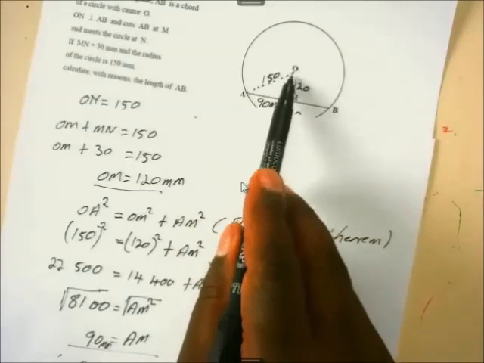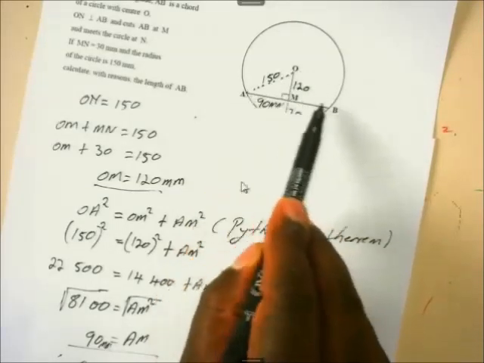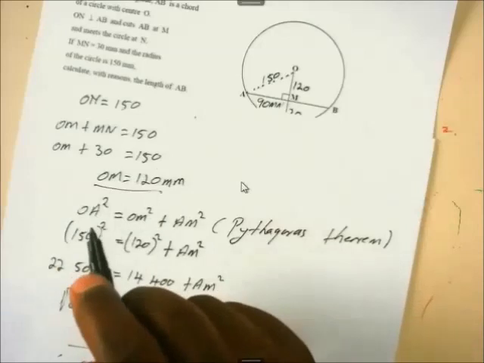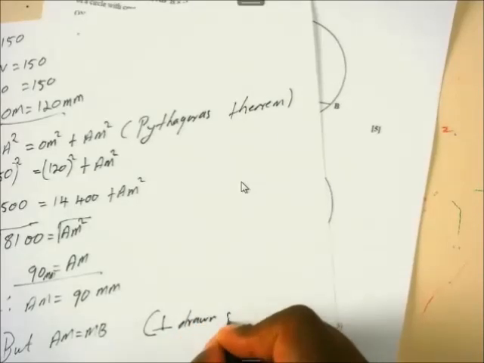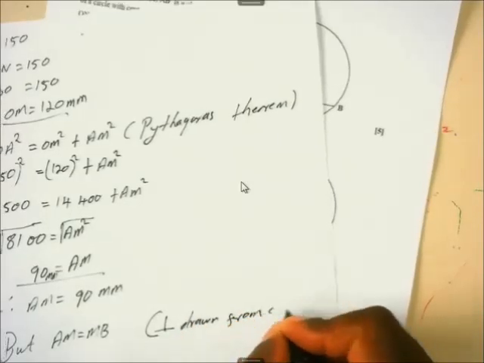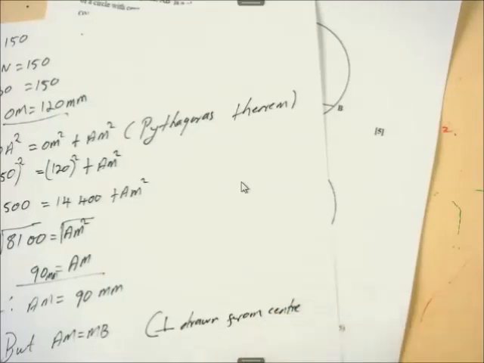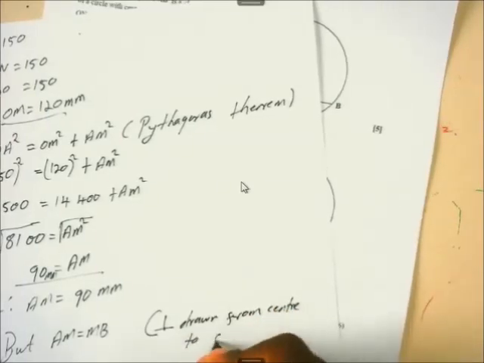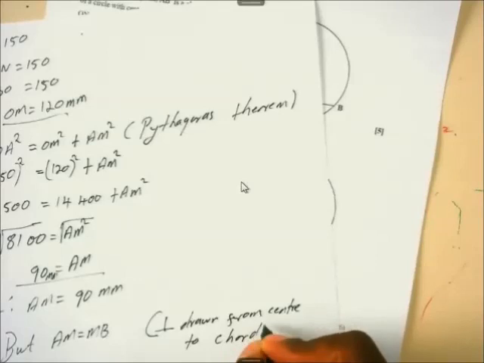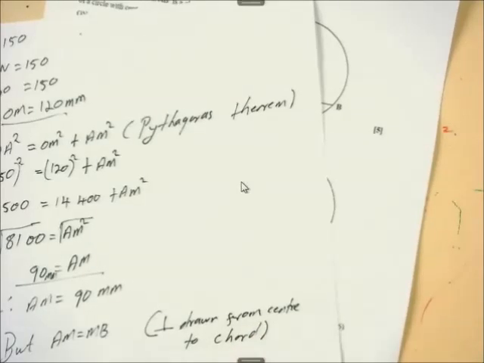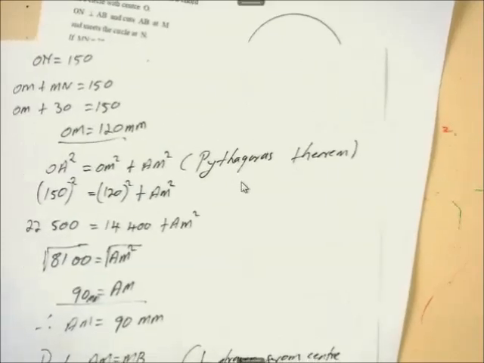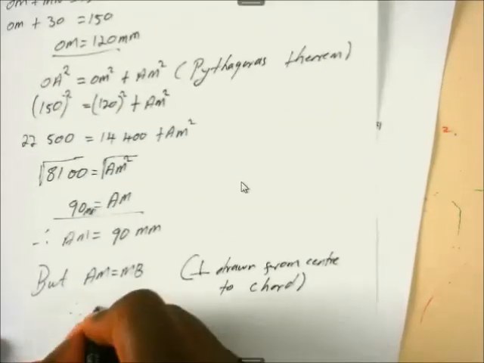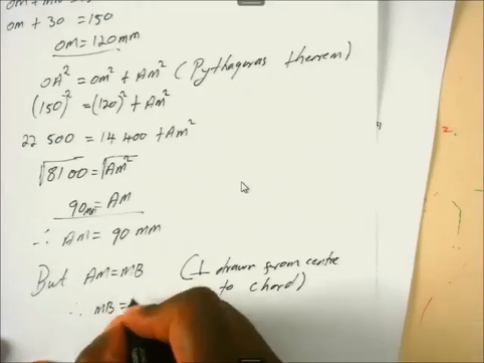The word bisect means to cut into two equal parts. Therefore MB is also equal to 90 millimeters.